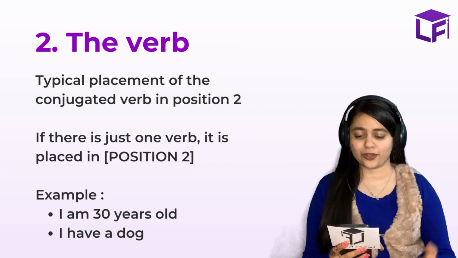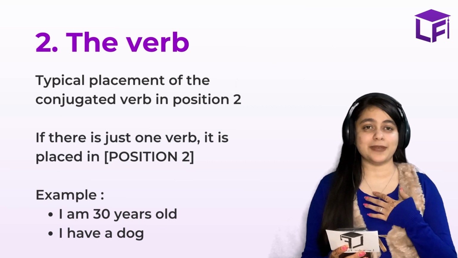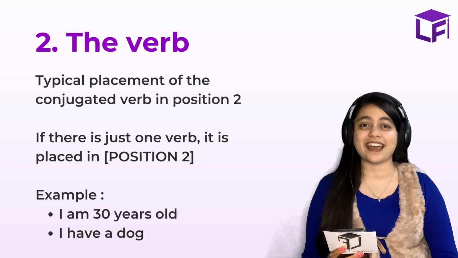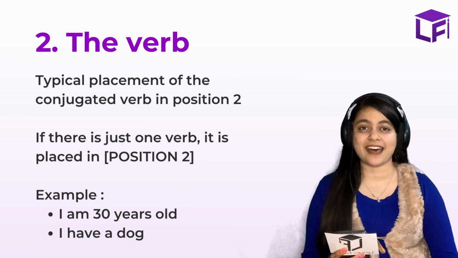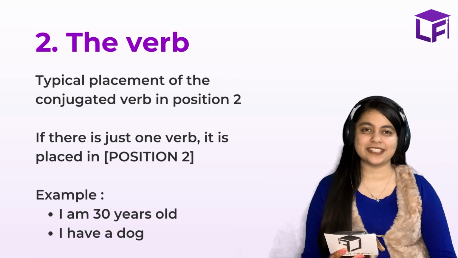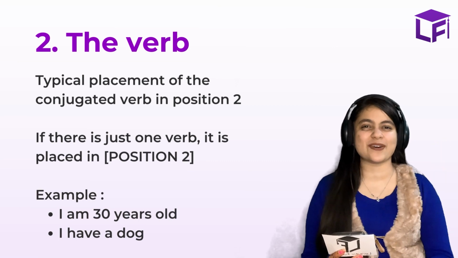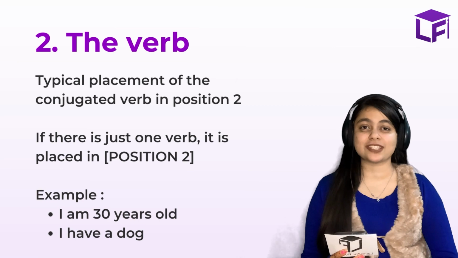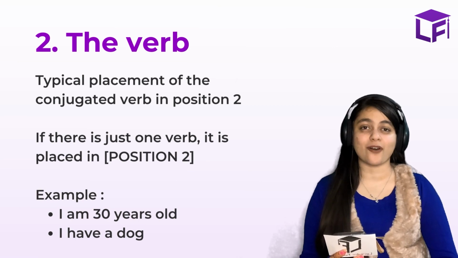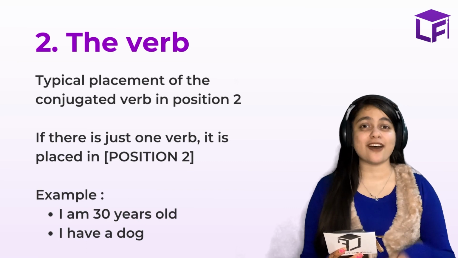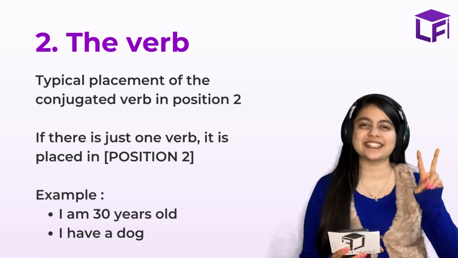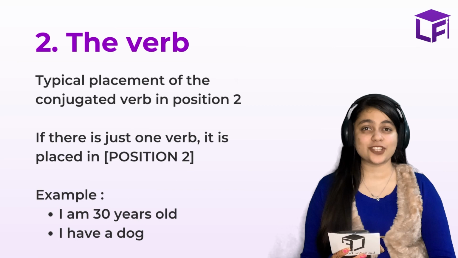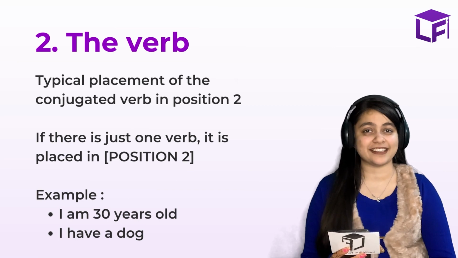My example for you is Ich bin 7 Jahre alt, which means I am 7 years old. So, bin here, which is the conjugated form of sein, which means to be, is our verb. That takes the second position here. Ich bin 7 Jahre alt.